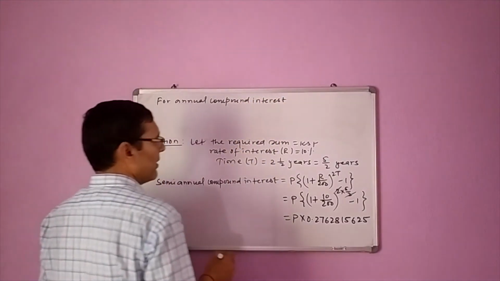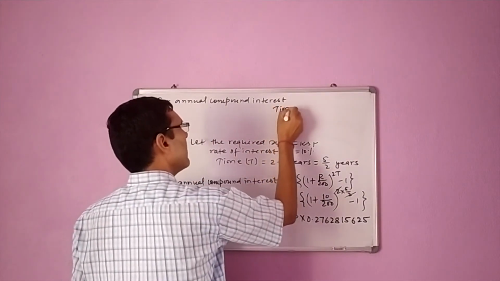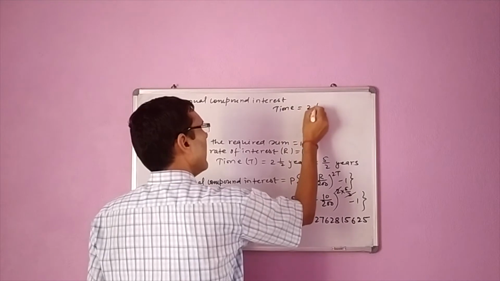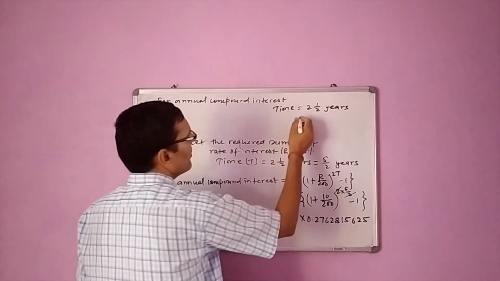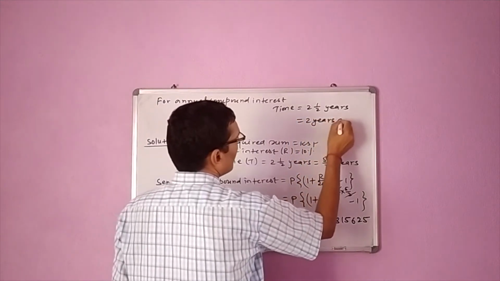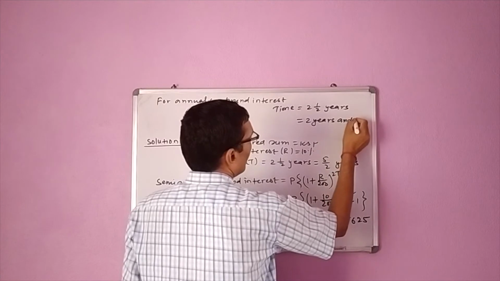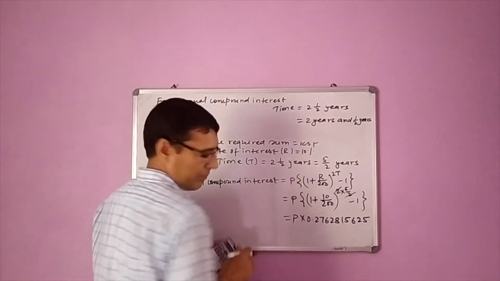For annual compound interest, the time 2.5 years should be taken as 2 years and half year.